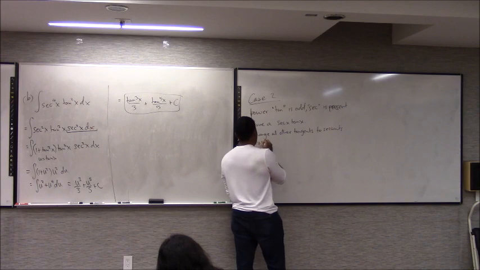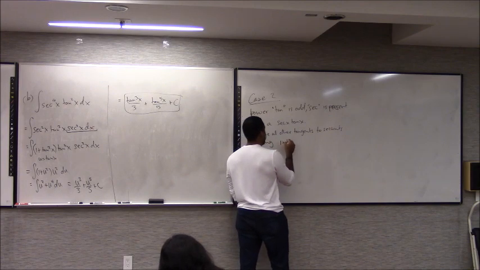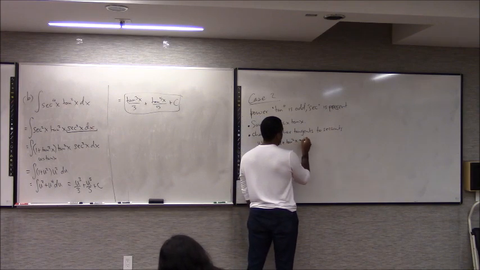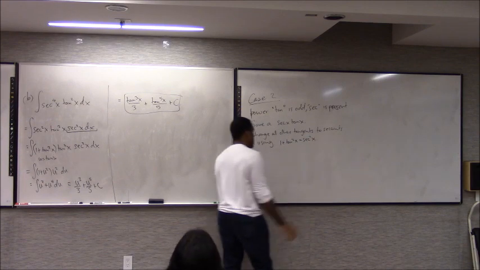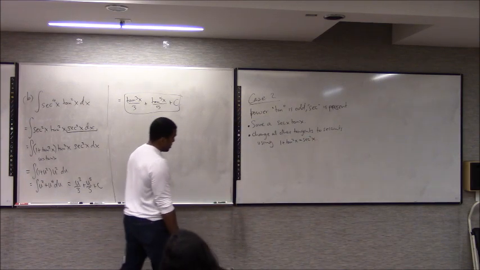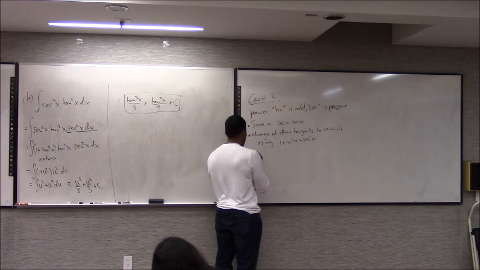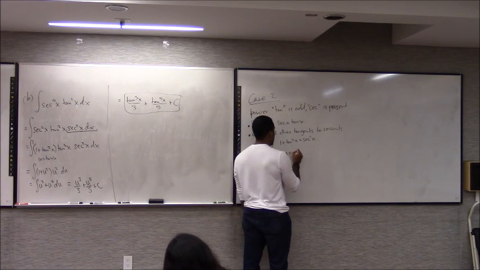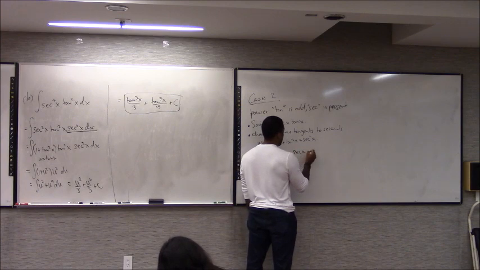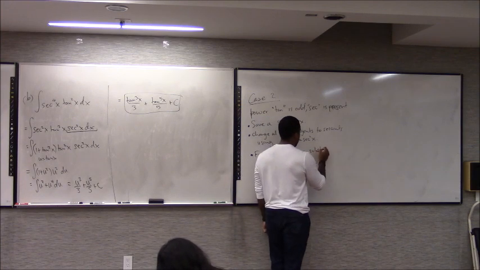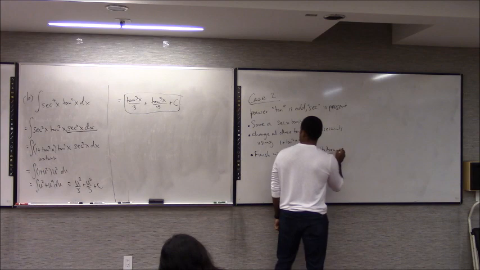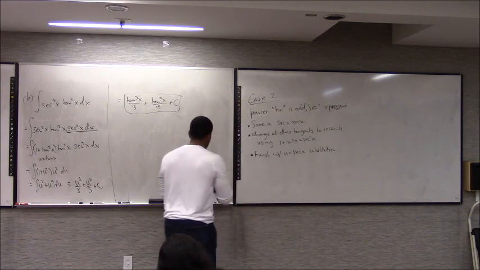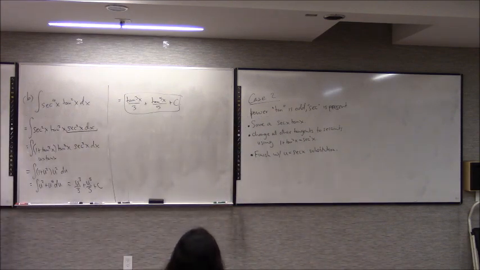Again, you're going to use that same trig identity, the Pythagorean one. 1 plus tangent squared equals secant squared, which means you can write tangent squared as secant squared minus 1. And then you're going to do another substitution. Finish with u equals secant x substitution. I'll give you some examples there.